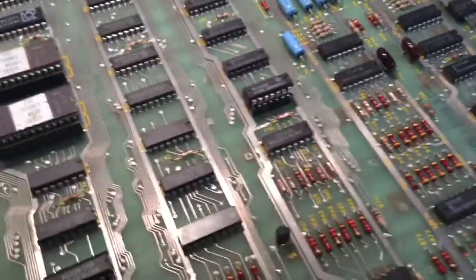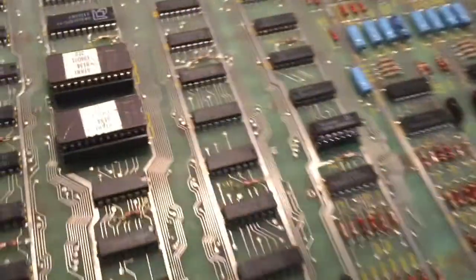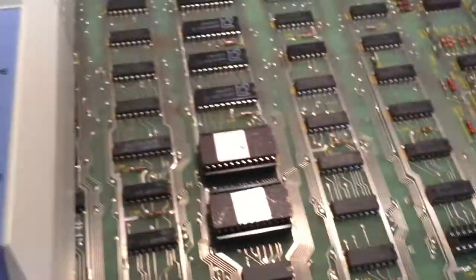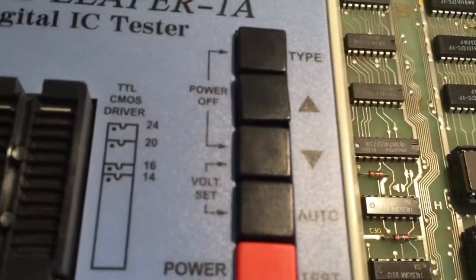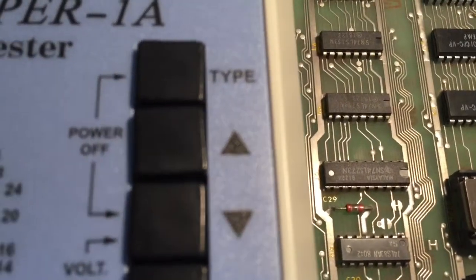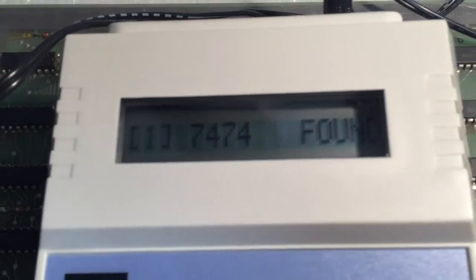Okay, so I replaced the IC, but the bad news is it didn't change much regarding the graphical issue, and also when I take this thing out of the circuit and put it into my IC tester that I have here, it actually tells me 74 found.